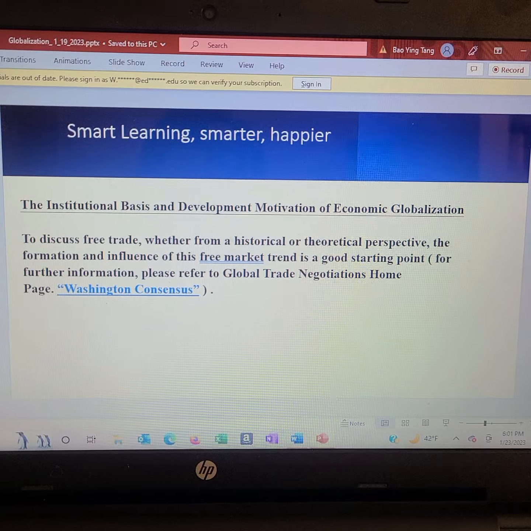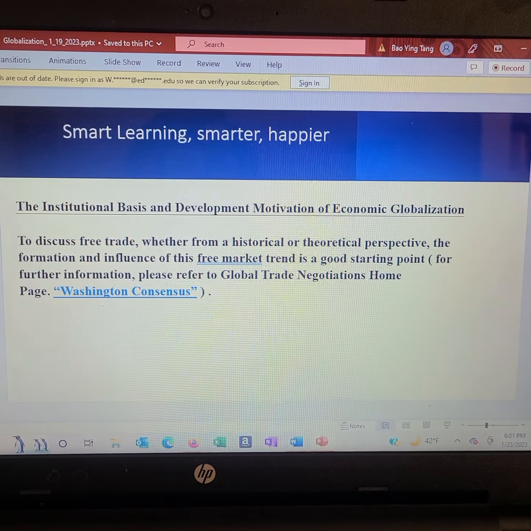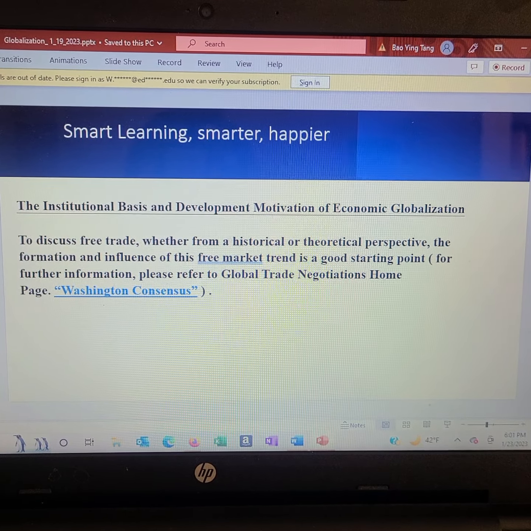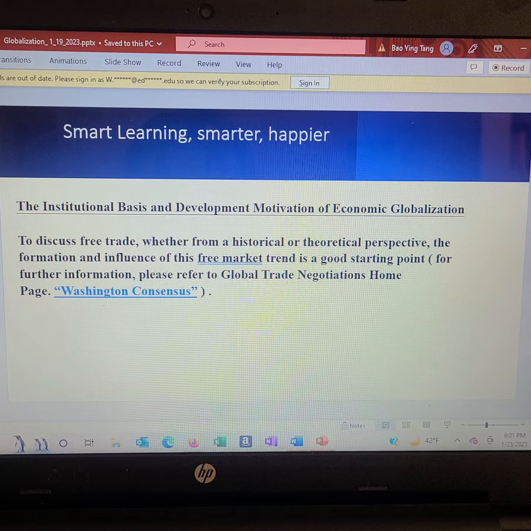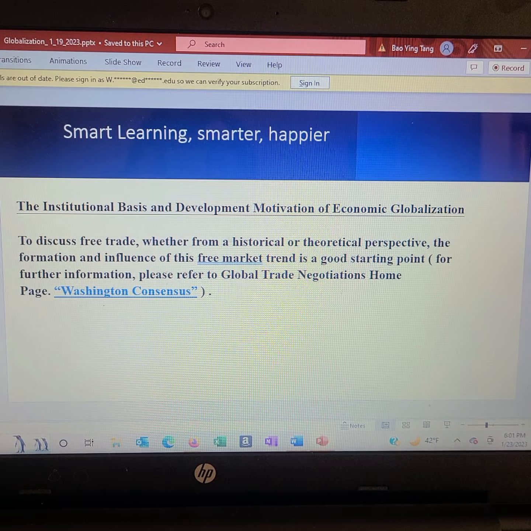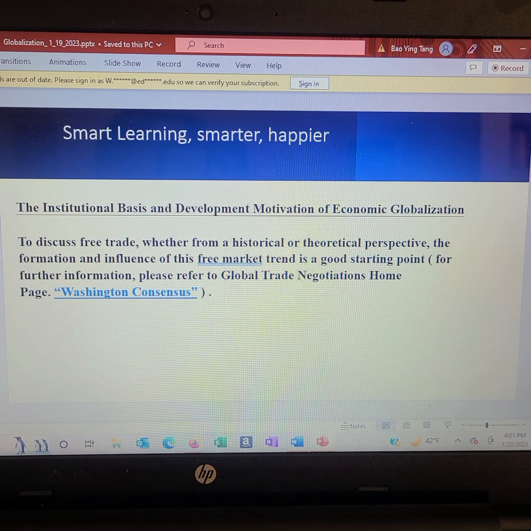To discuss free trade, whether from a historical or theoretical perspective, the formation and information of this free market trend is a good starting point. For further information, please refer to Global Trade Negotiation homepage, Washington Consensus.